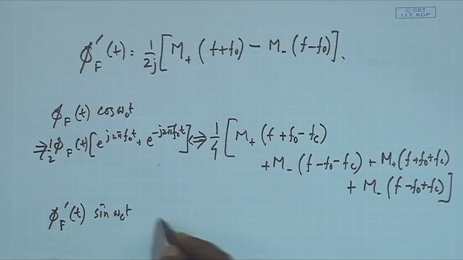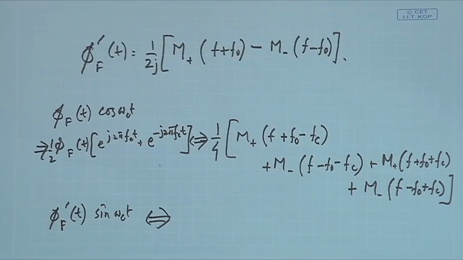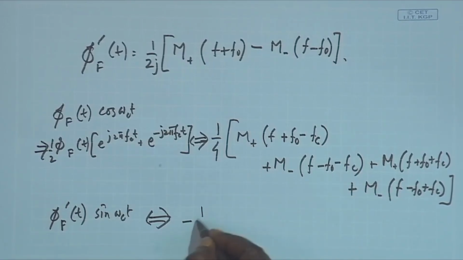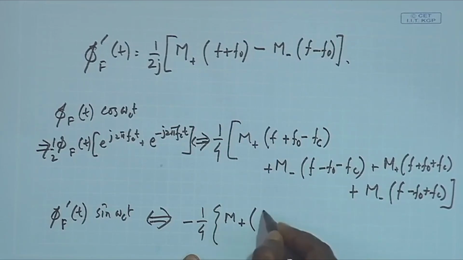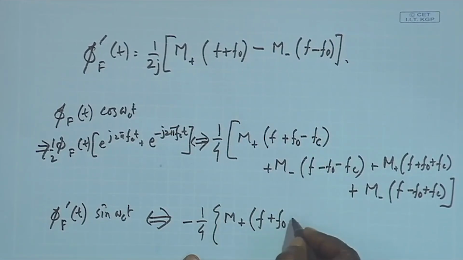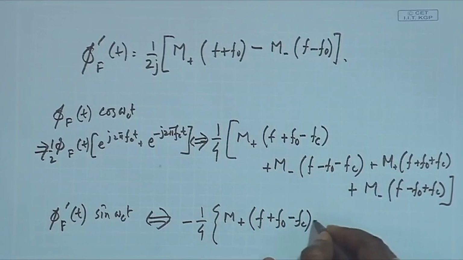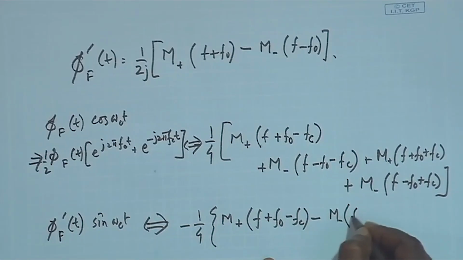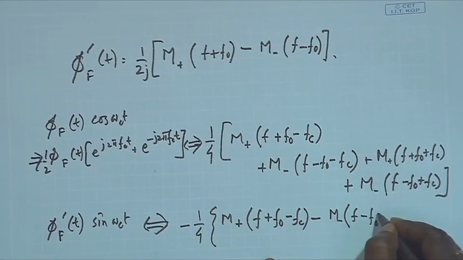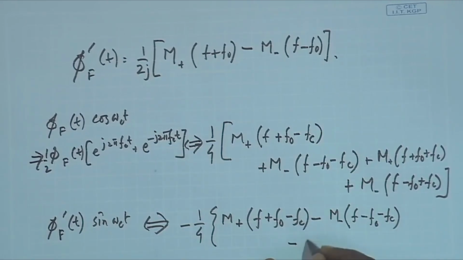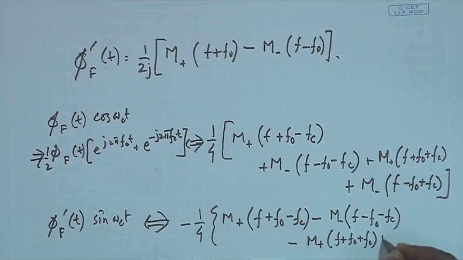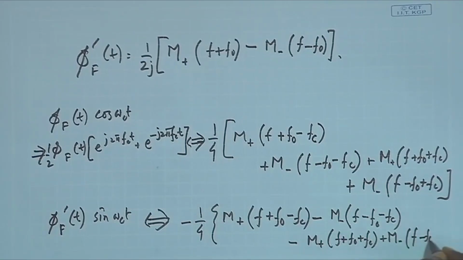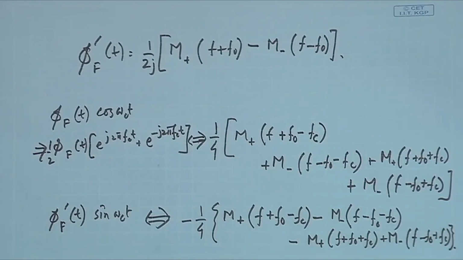So, if you just write that and again do a Fourier transform, what you will get is minus 1 by 4, and then the terms will be, if you just do that same translation, it should be m plus, we already had a component f plus f0, that will be translated at minus f c, minus m minus f minus f0 minus f c, and then another minus m plus f plus f0 plus f c, and then you have m minus f minus f0 plus f c, right. So, this is what we get.